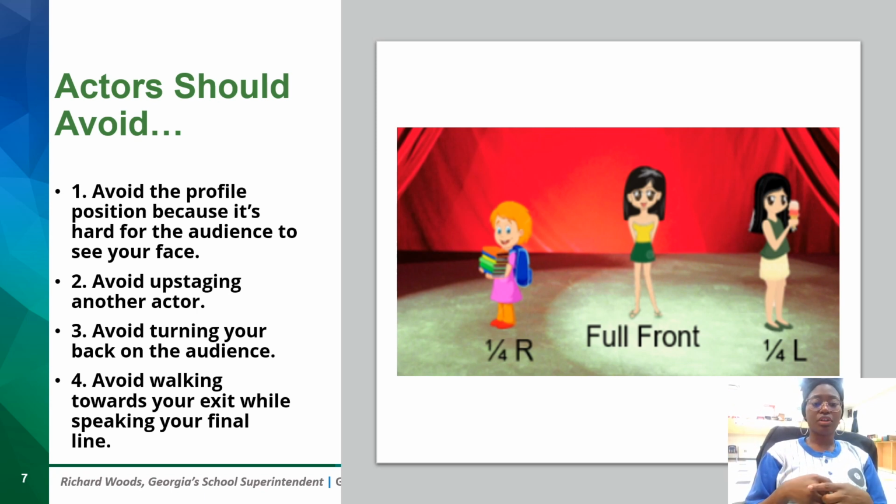I also suggest avoid walking towards your exit while speaking your final line. It oftentimes gets lost. I always encourage my actors to deliver that final line, and then make that exit. But don't speak upstage as you're exiting because we lose what you're saying.